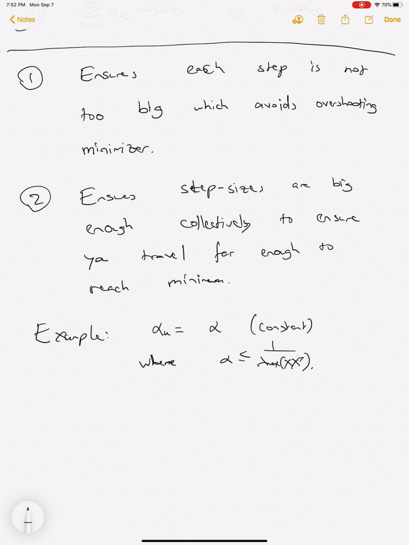Clearly, if you sum up a constant, it's eventually going to go to infinity. Therefore that ensures that the second condition is satisfied, and as long as that constant isn't too big, you should be fine. And that's a fairly typical choice for how people choose step sizes for gradient descent.